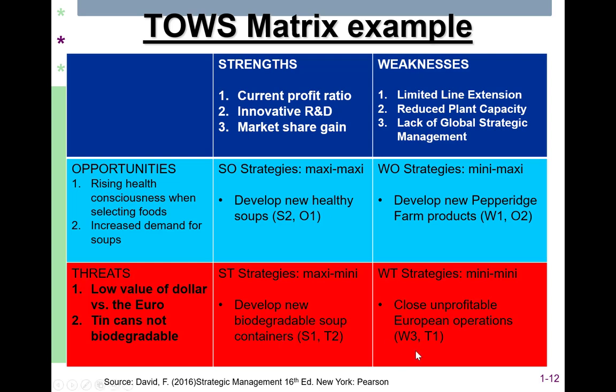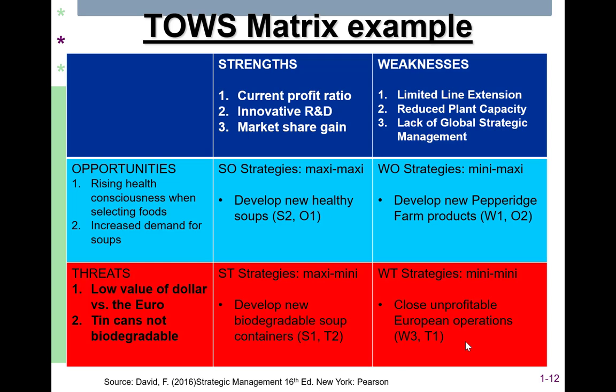And last but not least, WT strategies, mini mini. And we're looking at our weakness of lack of global strategic management with T1, low value of the dollar versus the euro: close unprofitable European operations. So we want to reduce the weaknesses of Campbell and avoid the threats at the same time.